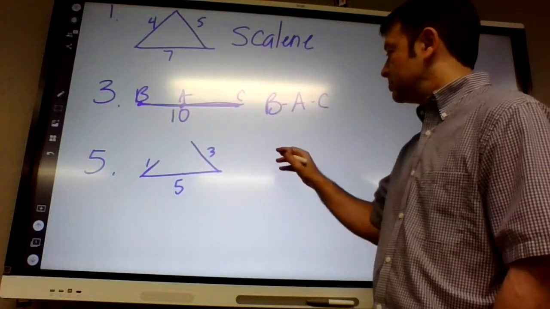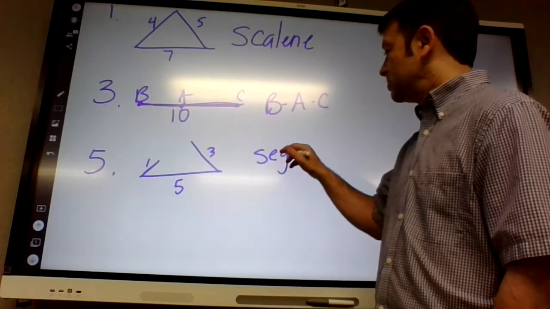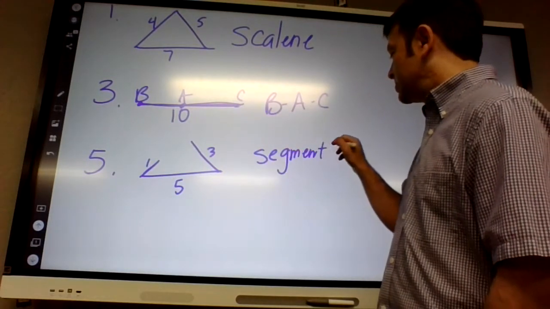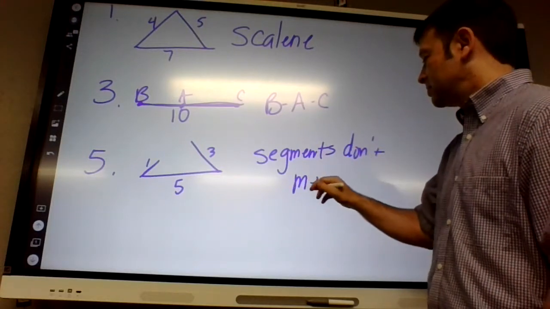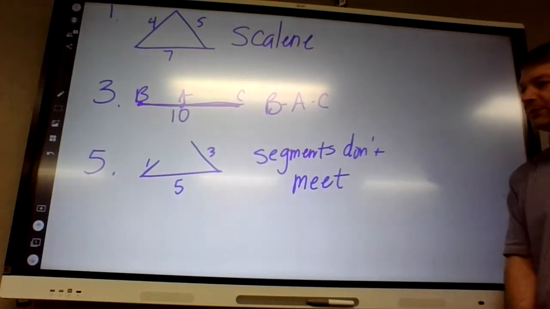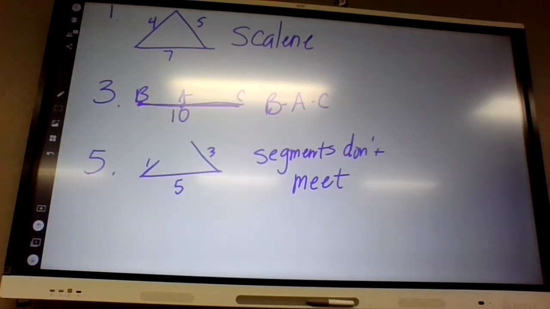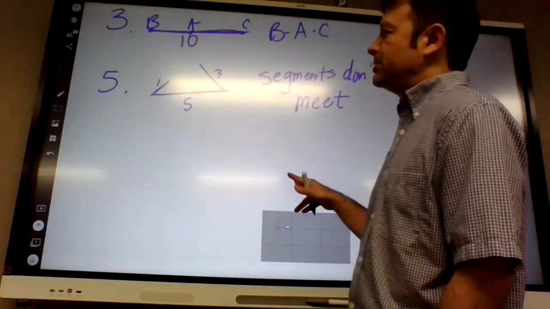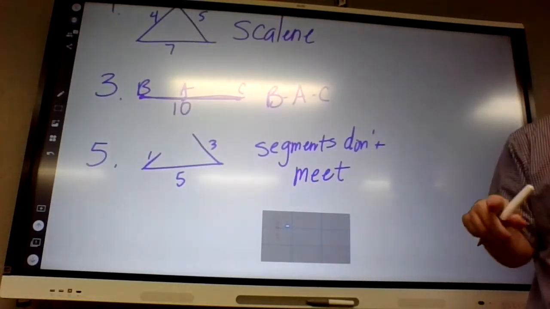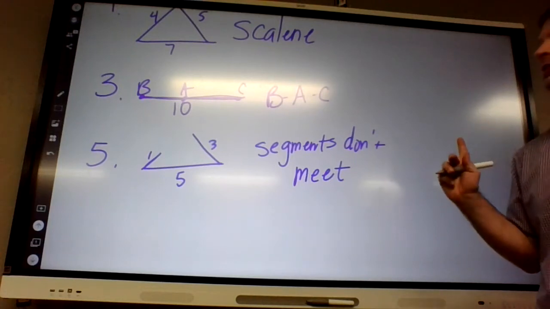So segments don't meet. Not long enough. So on the evens, I think there's one of each also, but it's in a different order than the odds.